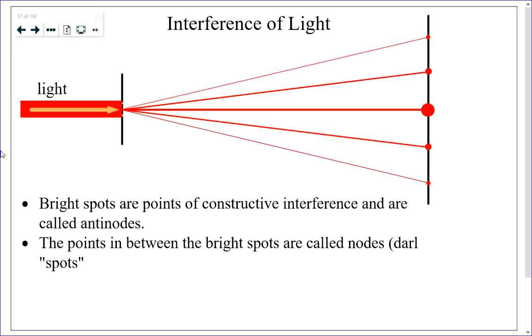These bright spots are called antinodes, or simply maxima, or bright spots. And the points in between the bright spots are called nodes, or dark spots. Notice that the central maximum is the brightest or most intense. Most of the light is there, and then as you go further and further away from the center, the brightness kind of peters out.